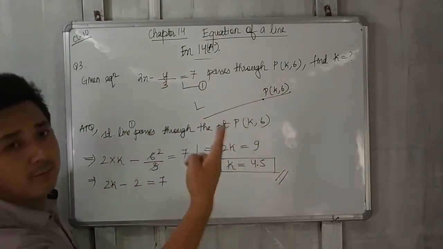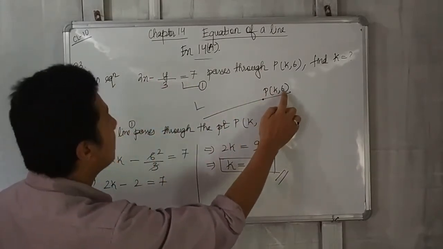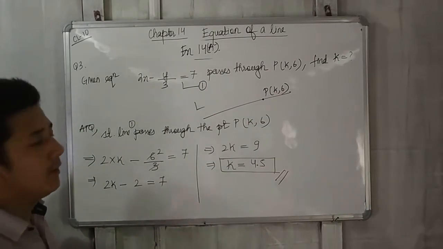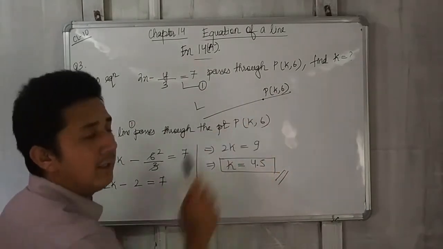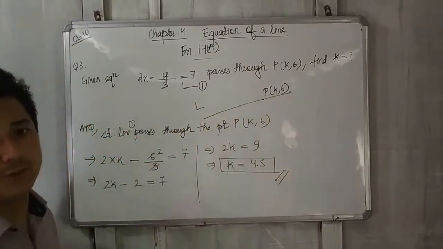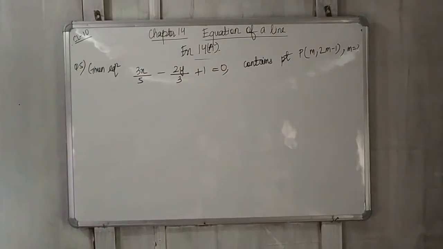What does it mean? It means that the abscissa must satisfy x and the ordinate must satisfy y. Simple as that. There's nothing more to understand. Whenever a point lies on the straight line, its coordinates must satisfy the equation of the straight line. Okay, please pause the video and note it down.